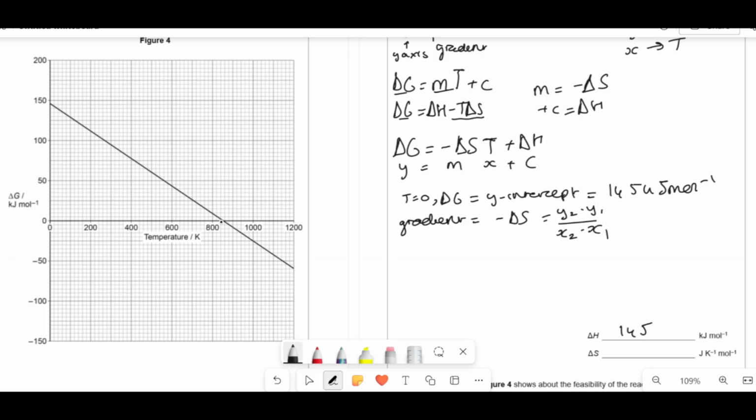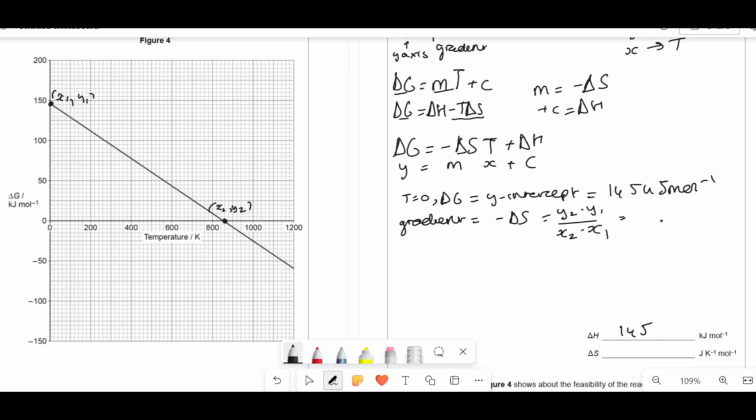So your y2 is actually the second point here. So if I choose here, for example, that's my y2, there's my y1. That's your x2 and y2. That is your x1 and your y1. It's essential that you get it the right way around, otherwise you'll end up assuming the gradient is positive instead, and you'll get the wrong answer.